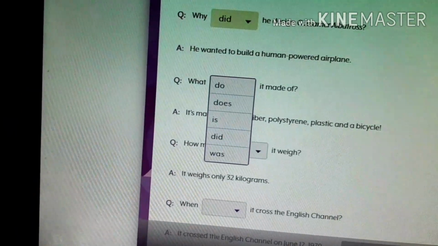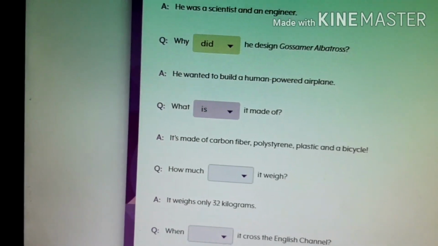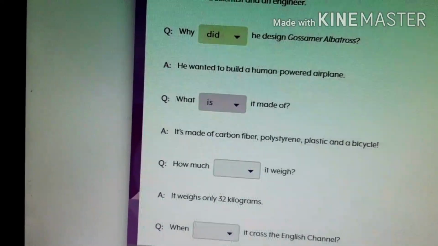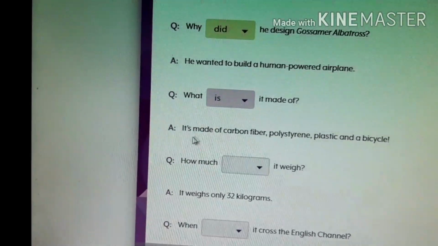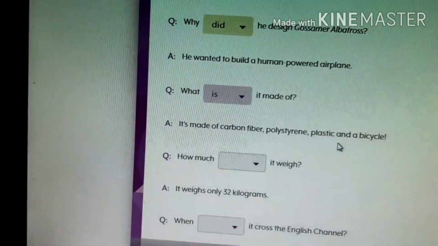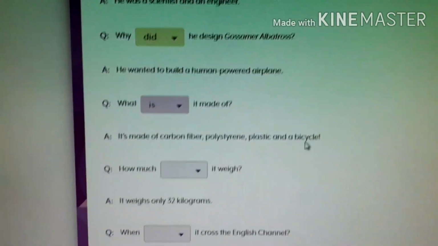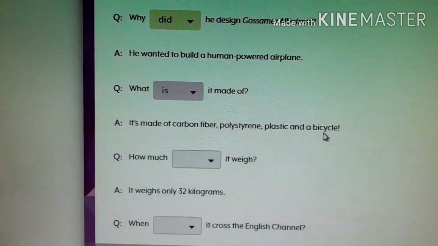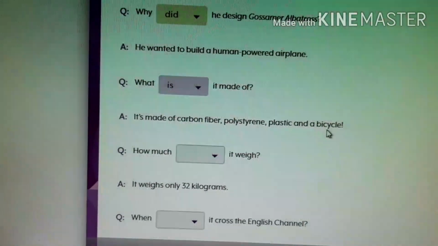What is it made of? It's made of carbon fiber, polystyrene, plastic, and a bicycle. These were the materials he used to create it.